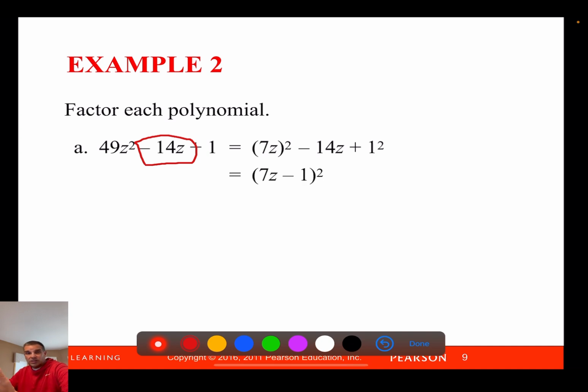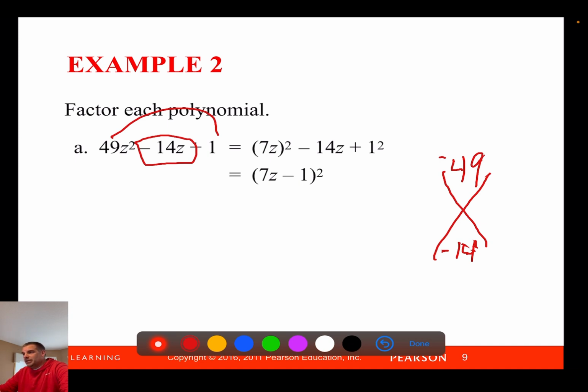minus 1, squared. A lot of times with these, I'm not noticing them right away. So I'm just going to say, okay, my top number's got to be negative 49, my A value times my C value. My bottom number is negative 14, because that's my B value.